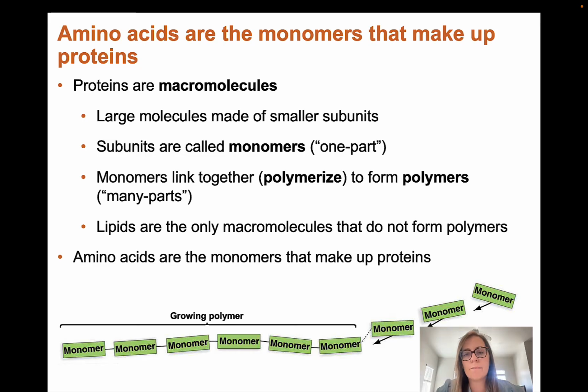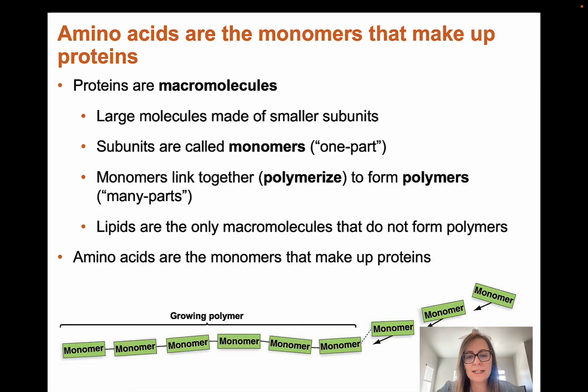Amino acids are the monomers that make up proteins. Proteins are the first macromolecule that we're going to be talking about in Bio 161. As a macromolecule, this means that they're large molecules made up of smaller subunits. We call those smaller subunits monomers, meaning one part.